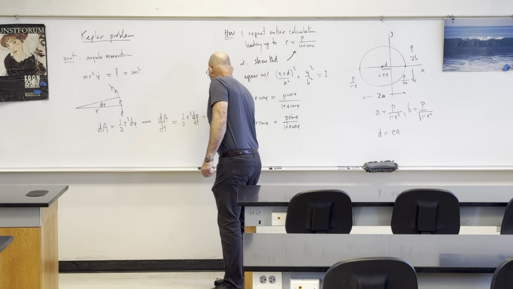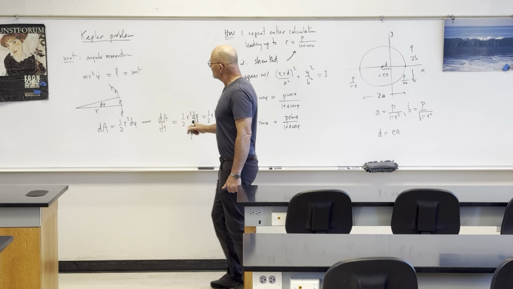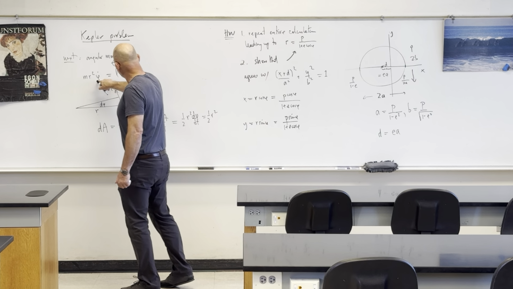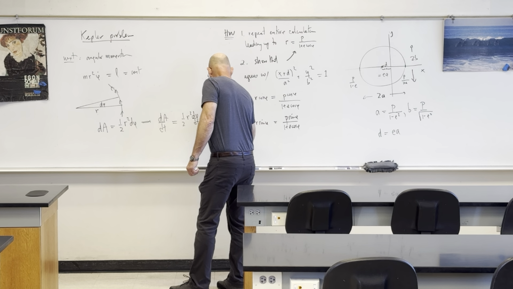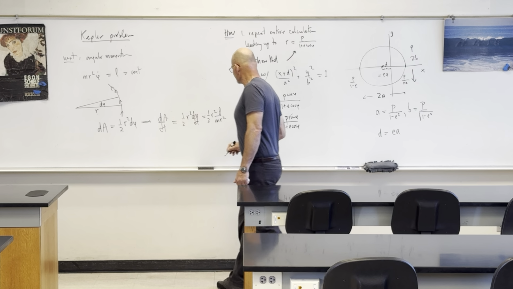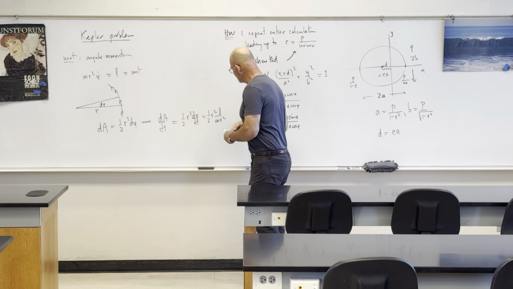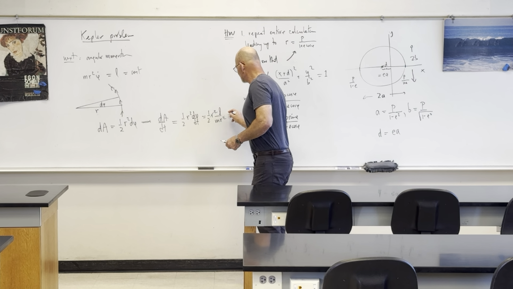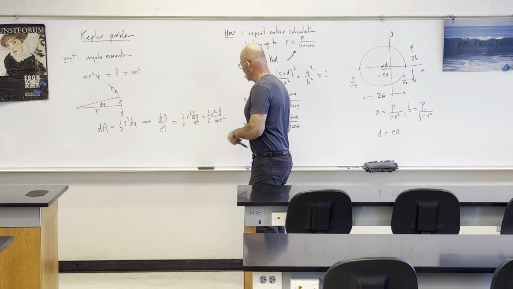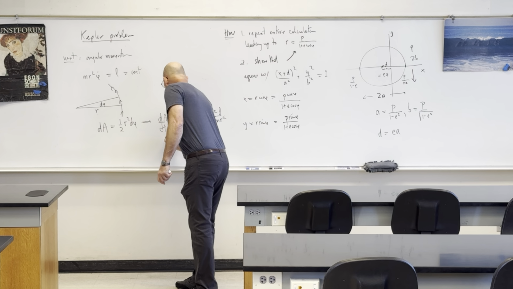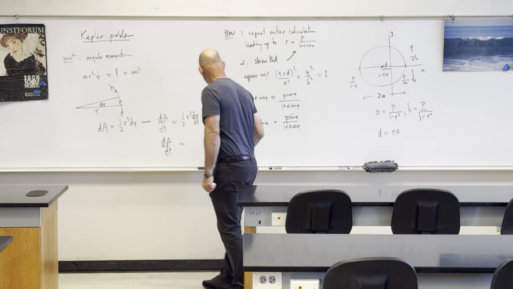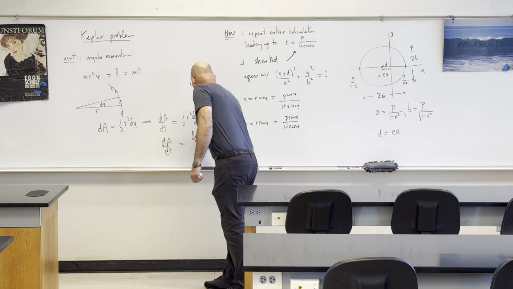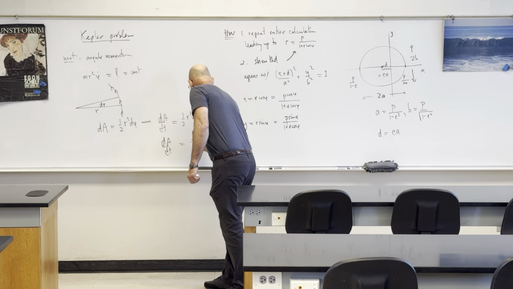That equals 1/2 r squared, and d phi dt is L over m r squared. The r squareds cancel. And we have dA dt equals L over 2m.